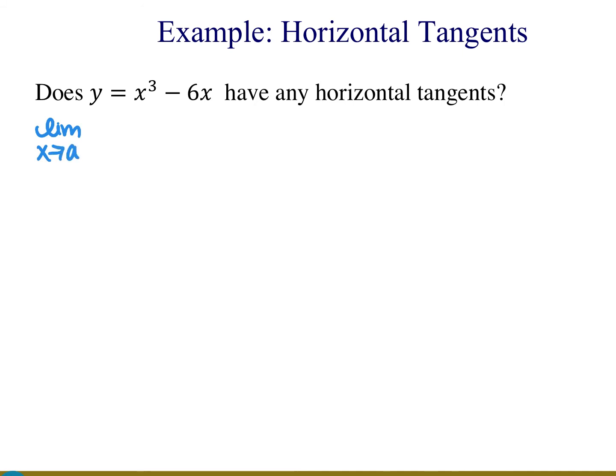All right, I'll do it that way for you guys this time. So that means I'm going to have f of x minus f of a over x minus a.